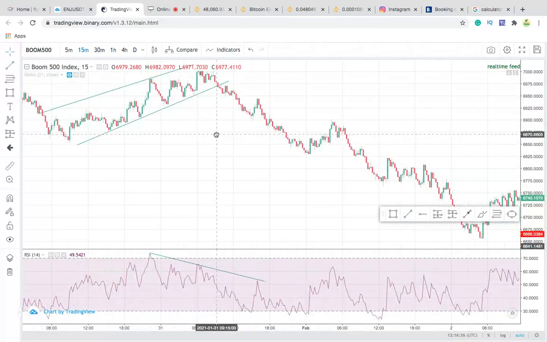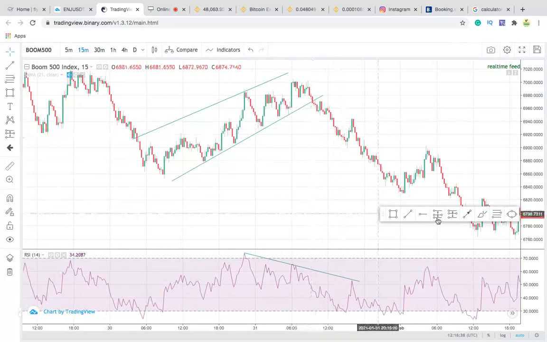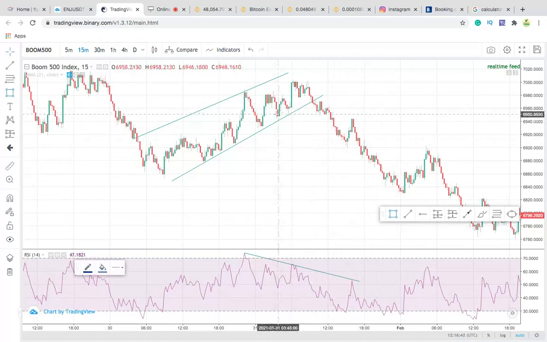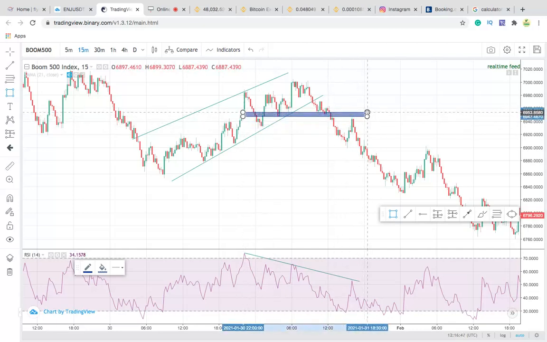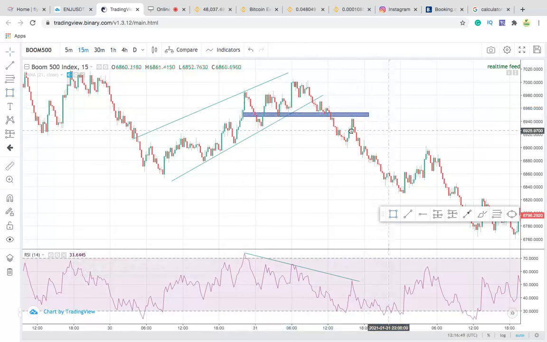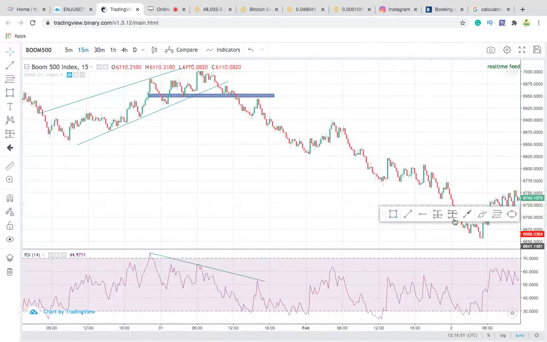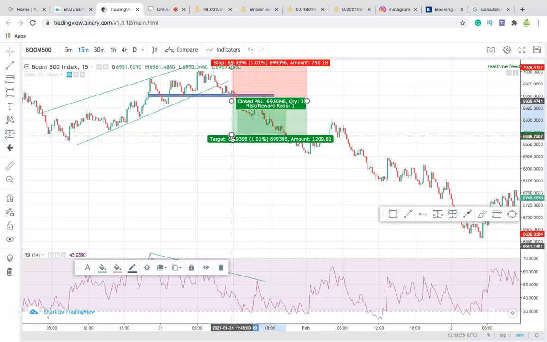This is a strategy, sorry. I'm actually showing you guys how you can trade using divergence. This is my way, one of the strategies I use to trade.